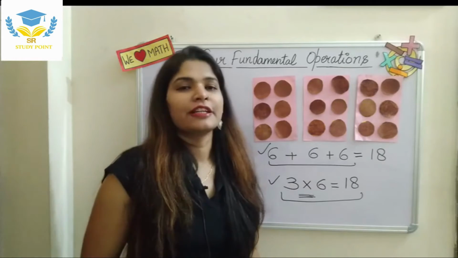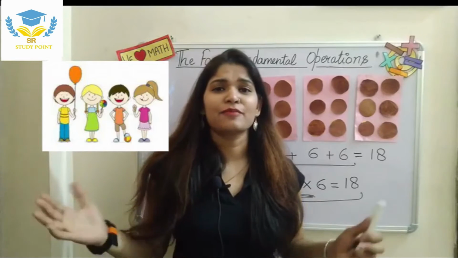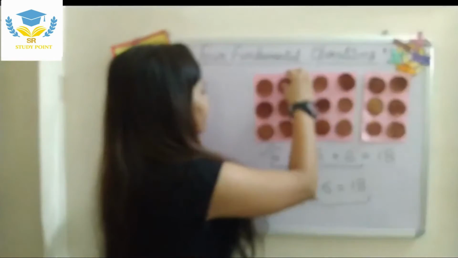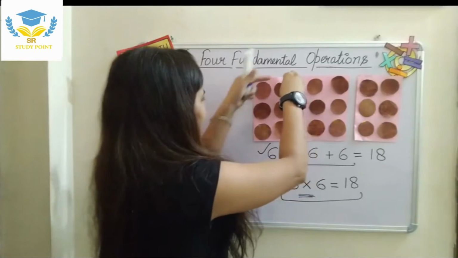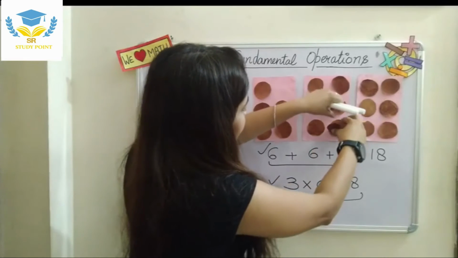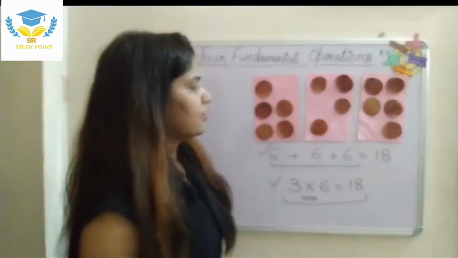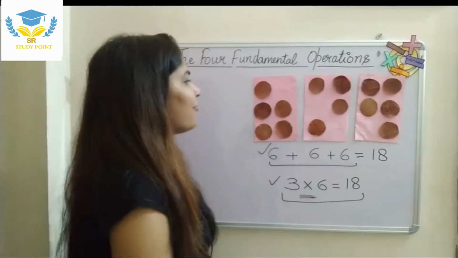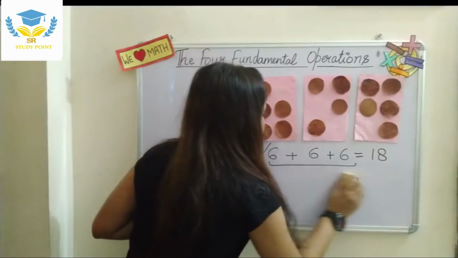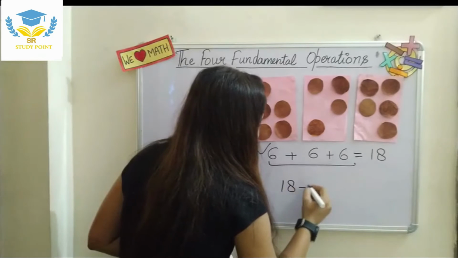Now what happened, children? Suppose we have 18 cookies together and 4 friends came to our house for a party. So 4 friends have eaten 4 cookies from the trays. Now we are left with 18 minus 4.